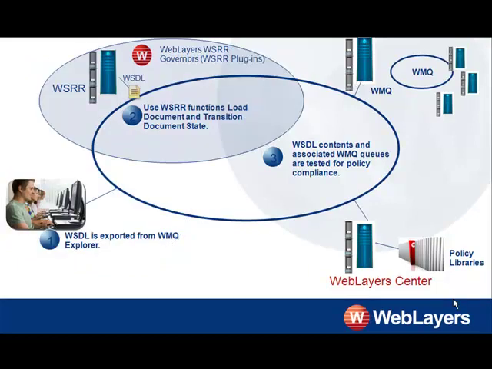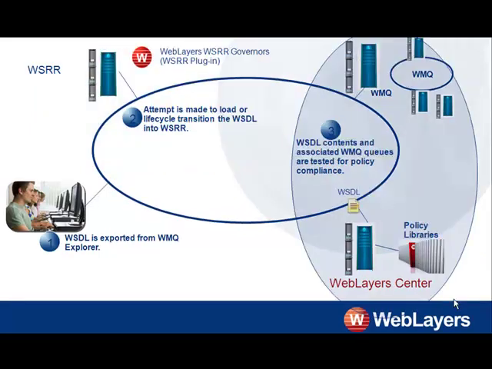Second, the WSRR functions load document and transition document state will be used to manage these service definitions. And third, we will show how the WebLayers system applies governance to the service artifacts and the WMQ queues and queue managers.